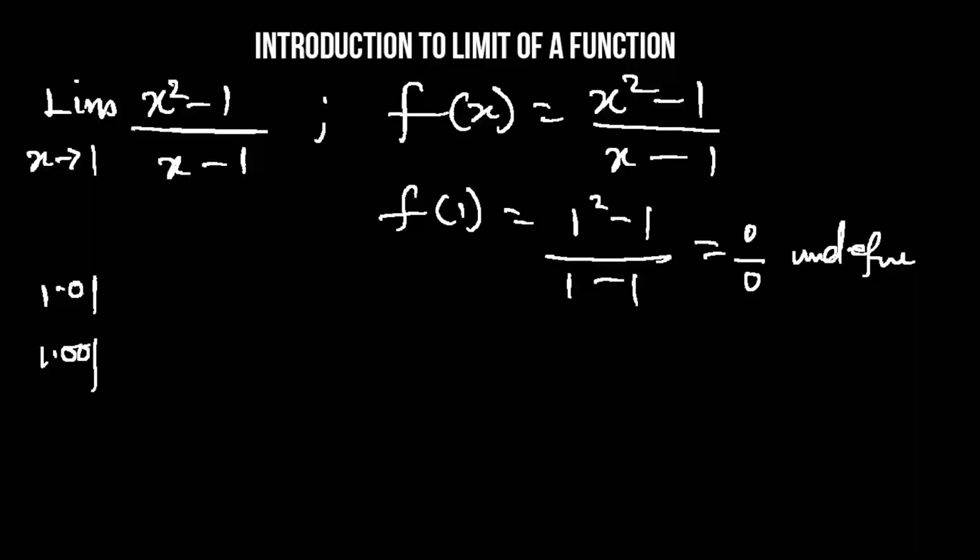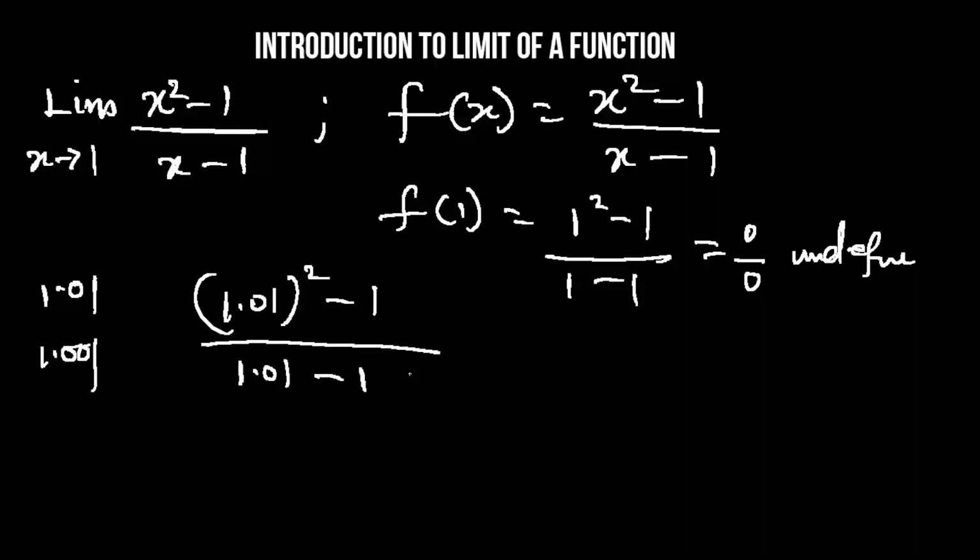So if I put 1.01 into this function, I have 1.01 squared minus 1 divided by 1.01 minus 1. If I do this, I have to square 1.01. So that will give me 1.02 minus 1 divided by, this will give me 0.01.